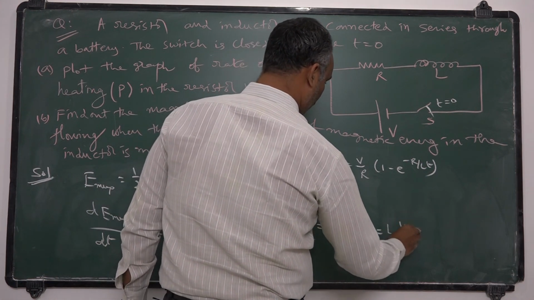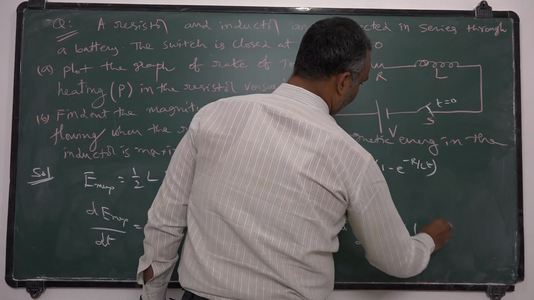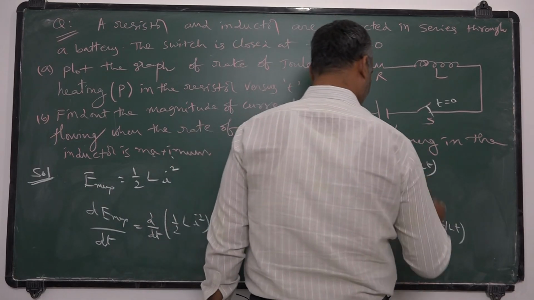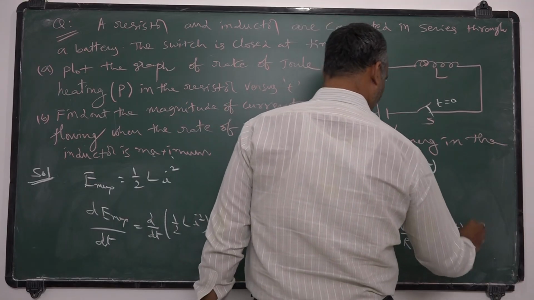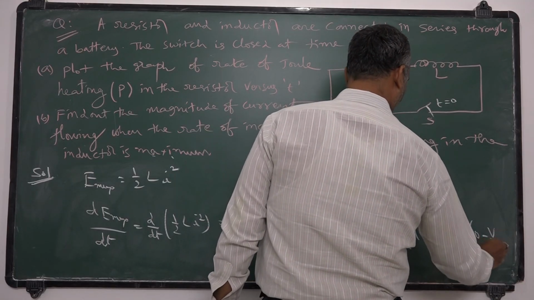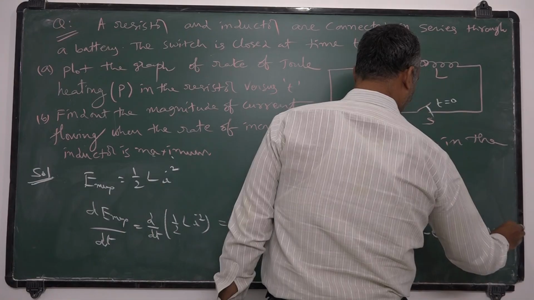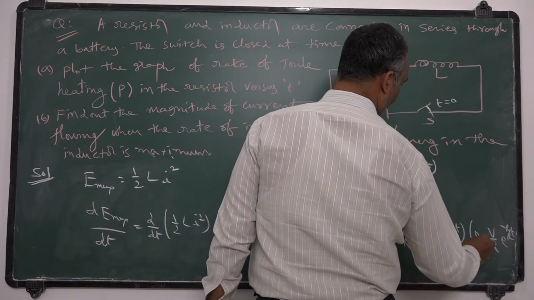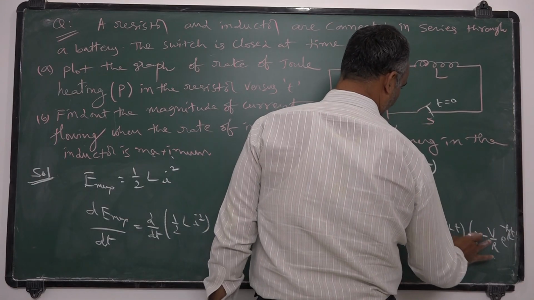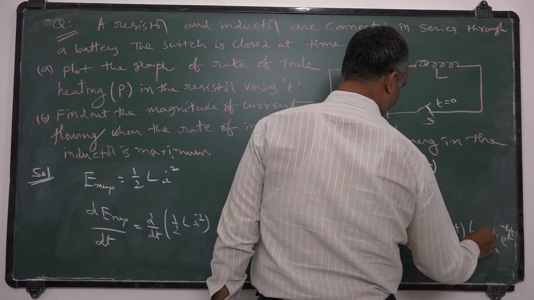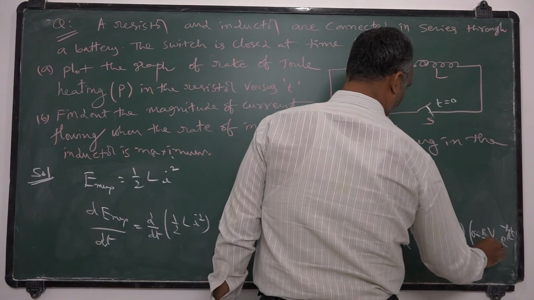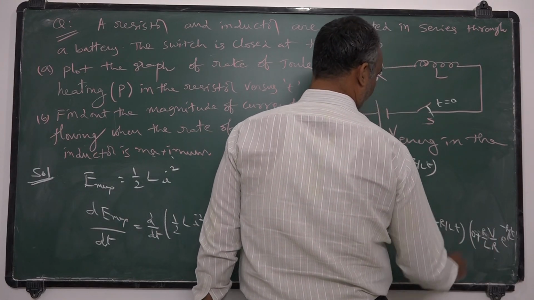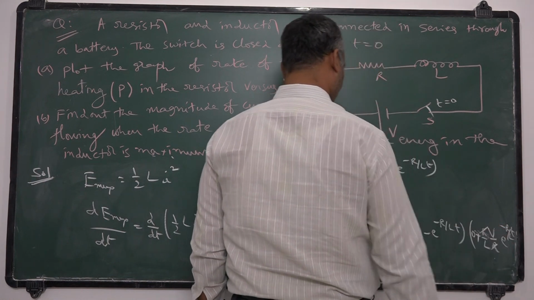So L into V by R into (1 minus e power minus R by L into t) into the derivative of this. For V by R the derivative is 0, minus V by R into e power minus R by L into t. Again for minus R by L you will get R by L. Here it becomes plus. R and R get cancelled.